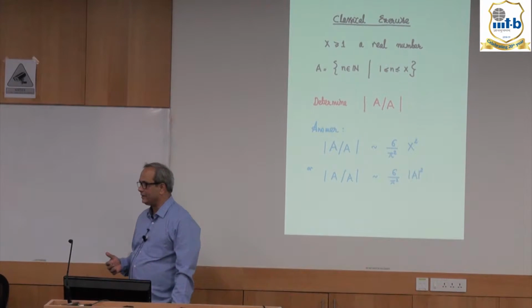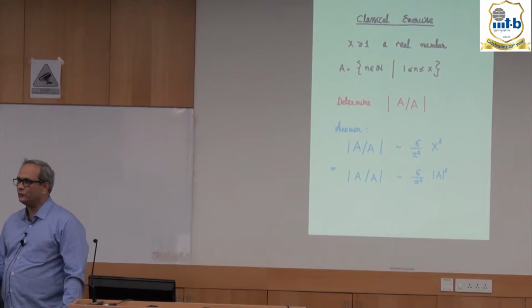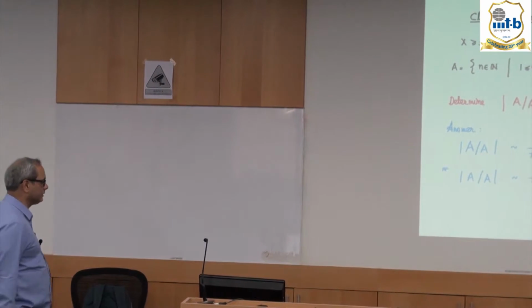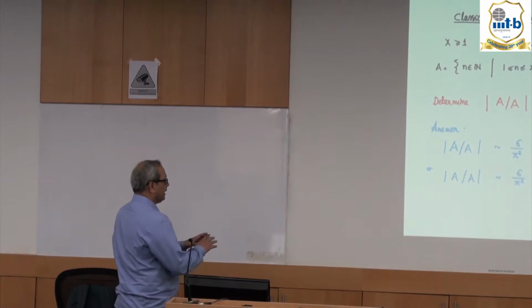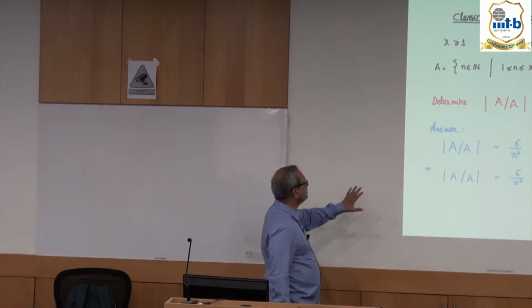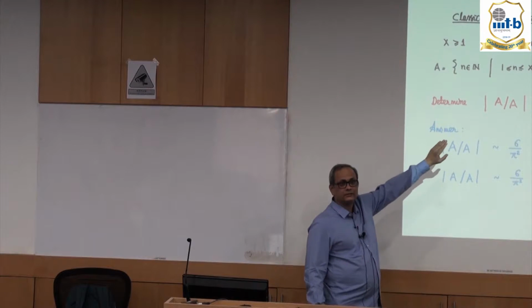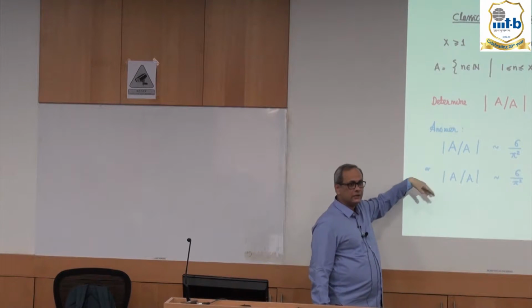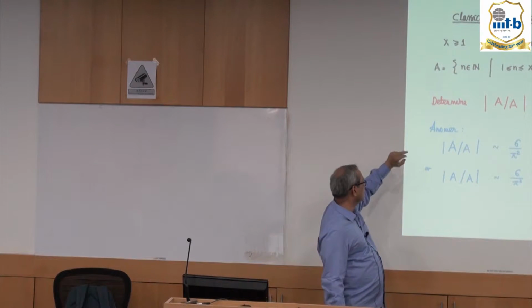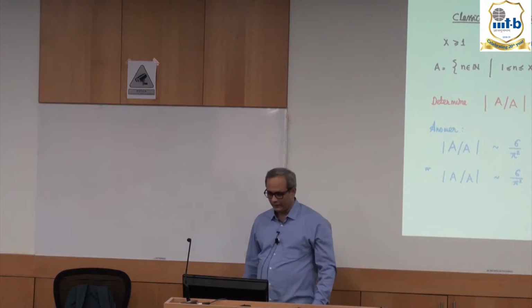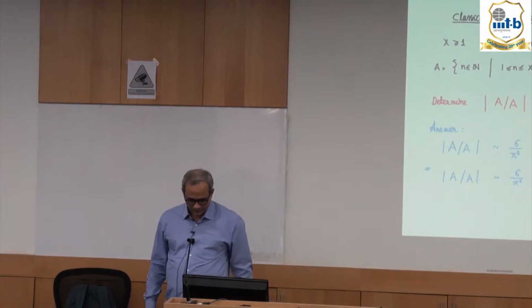Then things become harder, and I'll tell you how we solve that problem, which is the main result that I want to explain. First you have a simple question where A is a very nicely structured set, the set of integers in the interval from 1 to x, and I ask how many ratios I can get if I take A by A.